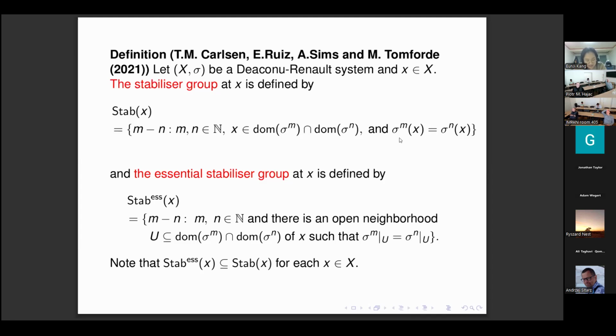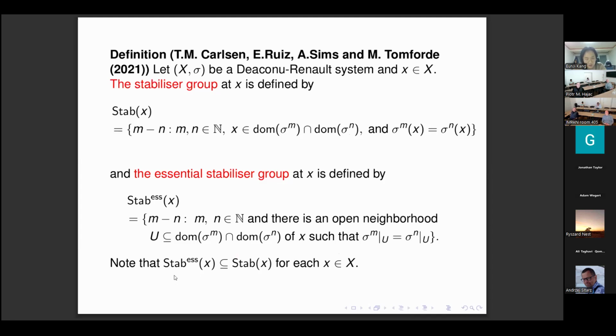The second, the essential stabilizer group, also considers the difference M minus N, but now we ask for sigma to the M and sigma to the N to agree not just at X, but on some open neighborhood around X.